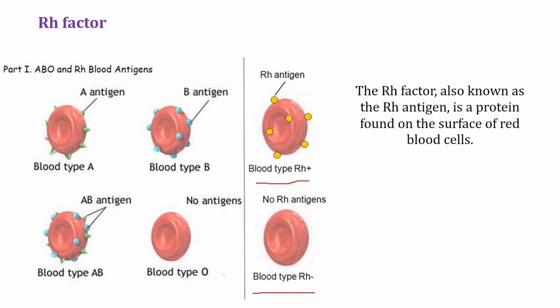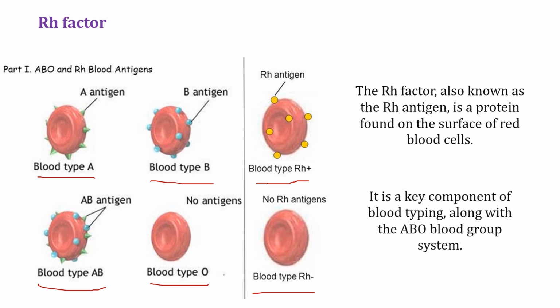On the other hand, there are blood type A, blood type B, blood type AB and blood type O. These are the ABO antigens, which are also present on the cell surface of RBC. This is a key component of blood typing along with the ABO blood group system.